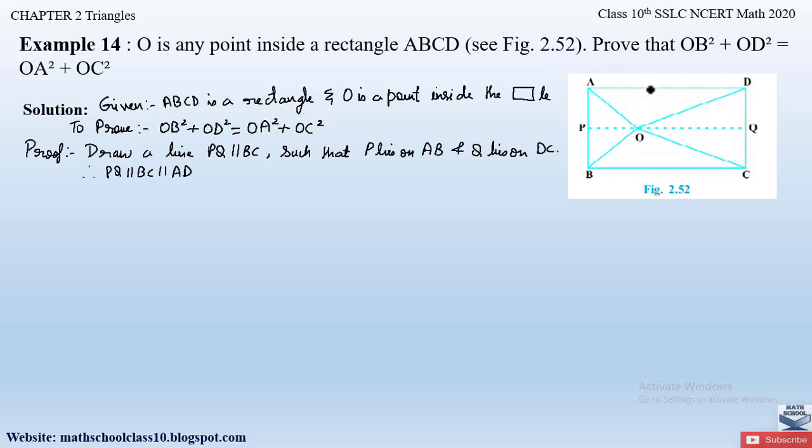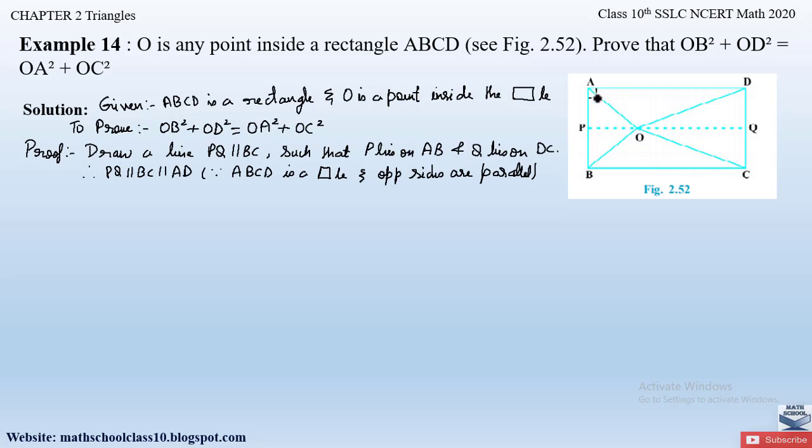Since BC and AD are the opposite sides of a rectangle ABCD, and opposite sides are parallel. Since we have a rectangle ABCD, all the vertices of this rectangle are 90 degrees. That is, angle A is equal to 90 degrees.